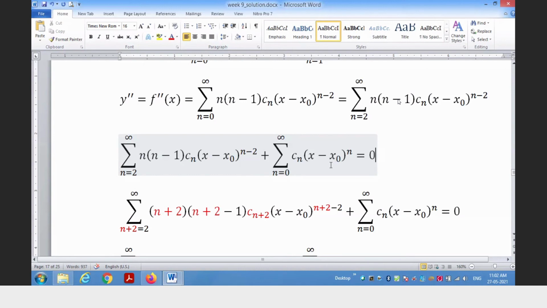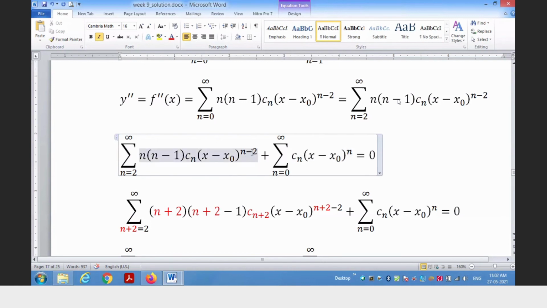Let's say we want to change this n minus 2 into n. Or you can change n to n minus 2, or change n minus 2 to n plus 1 and change this as well to n plus 1. The main concept is they must have the same power. But now I want only to change this n minus 2 to n.